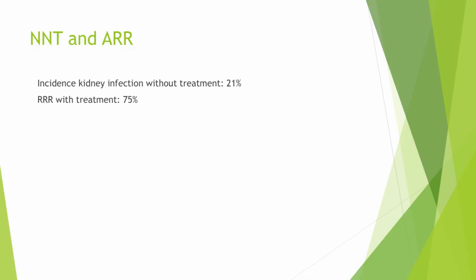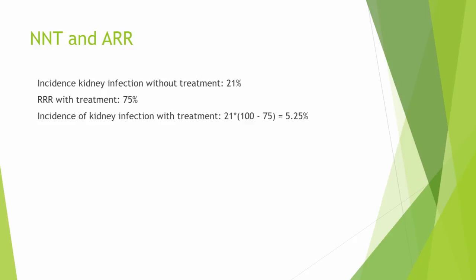So recall, if we don't treat our pregnant patient with asymptomatic bacteriuria, 21% will develop kidney infection. So our incidence of kidney infection without treatment is 21%. Our relative risk reduction, which is the percent reduction in risk of disease with treatment relative to no treatment, is 75%.